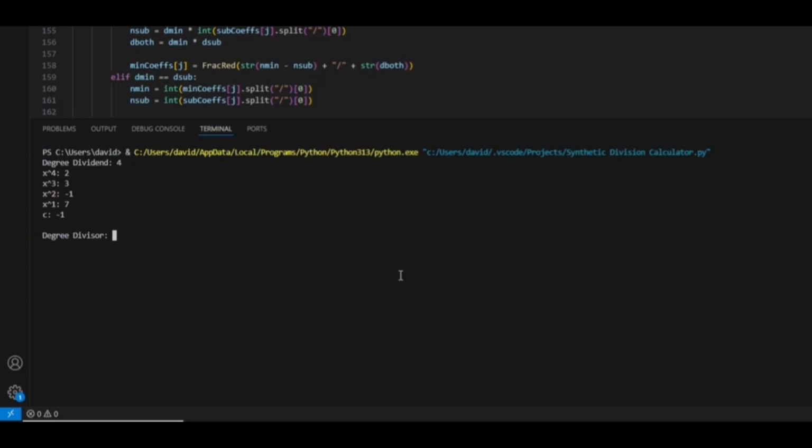That's how you input the polynomial. And then for the divisor, it's 2, 1, 0, and negative 1. And that's what we got. It prints them separately. And I added the parentheses just so it's easier to see, and it's easier to read on a calculator too.